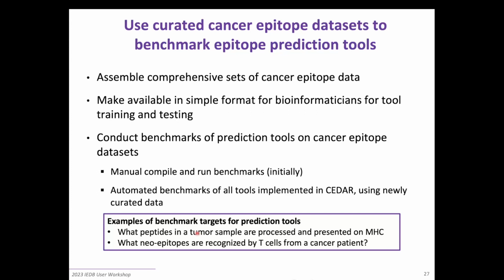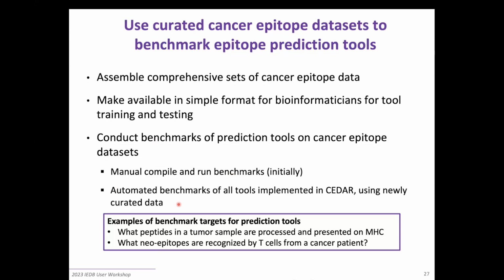And in parallel, we are also using these tools to perform benchmarks. Right now, we are working on performing them manually, but the ultimate goal is to do an automated benchmark like we are doing in IEDB right now.